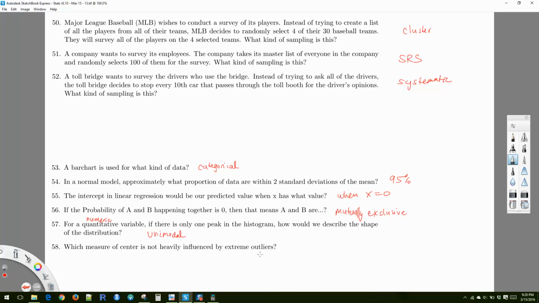The mean and the median. So which one is influenced by outliers? Which one's not influenced by outliers? The median is not. The median is not influenced by extreme outliers. Okay, so we'll end there.